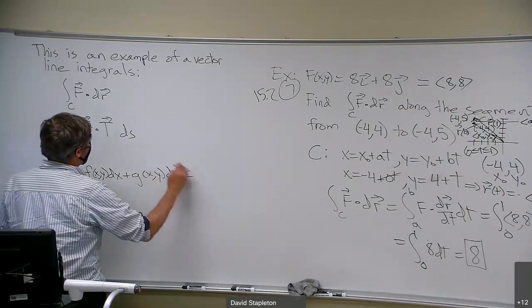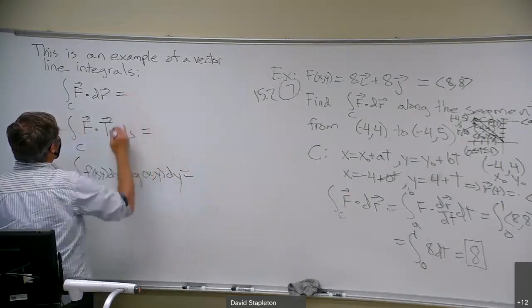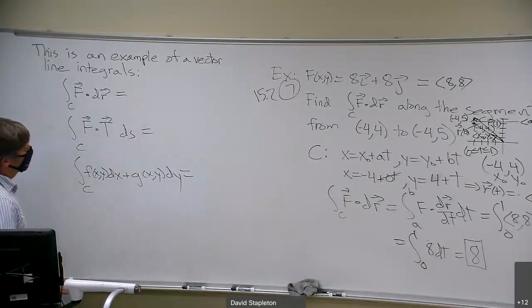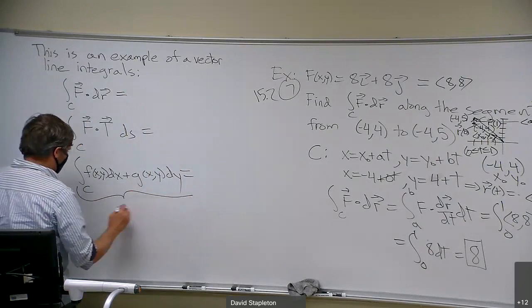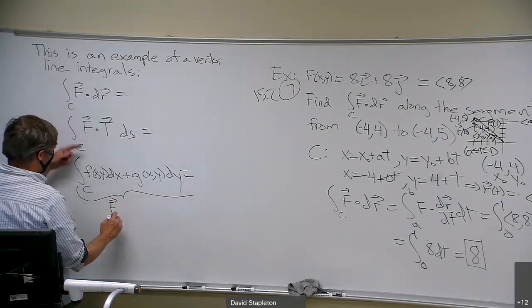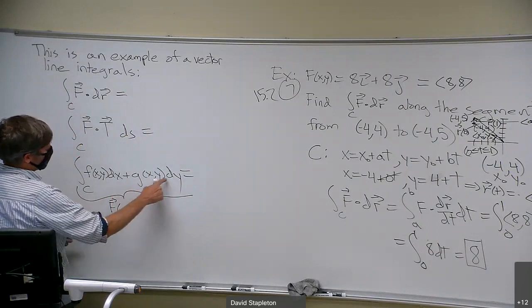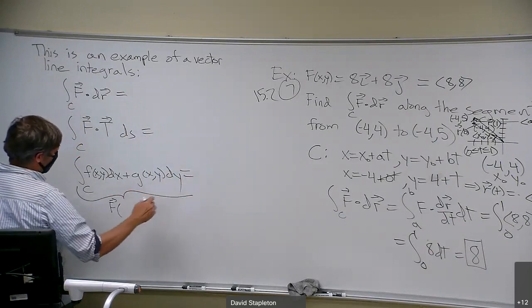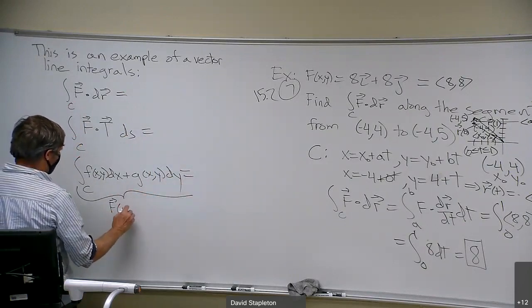And these all mean exactly the same thing, just in different notations. This one, in fact, you can do in more dimensions, h of x, y dz, if you have 3 dimensions.